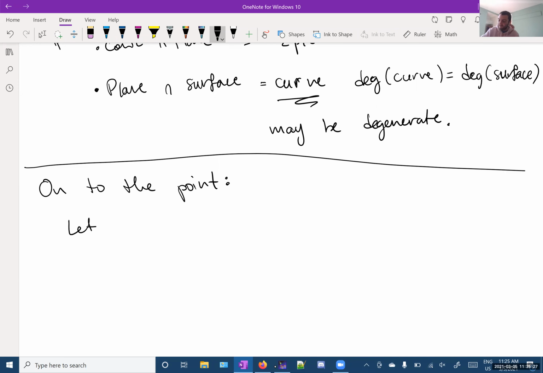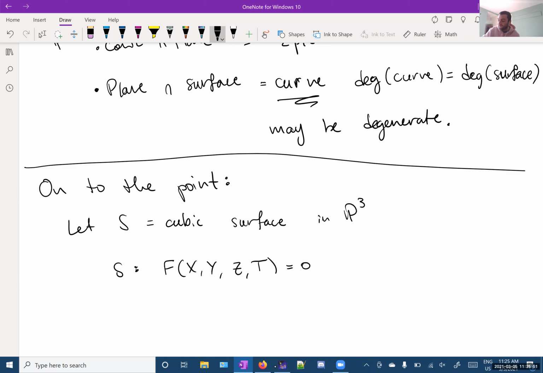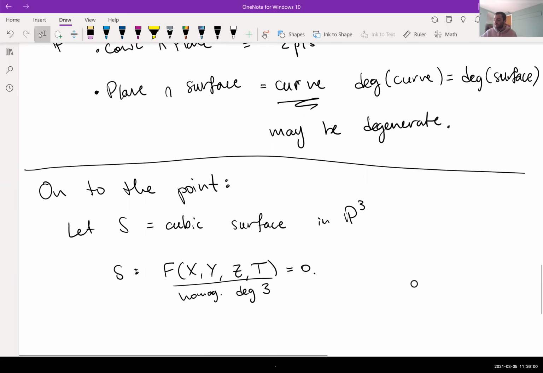Okay, so let's let S be our surface, our cubic surface in P3. Say S is defined by the equation f(x, y, z, t) = 0, where this is homogeneous of degree 3. That's what a cubic surface is.